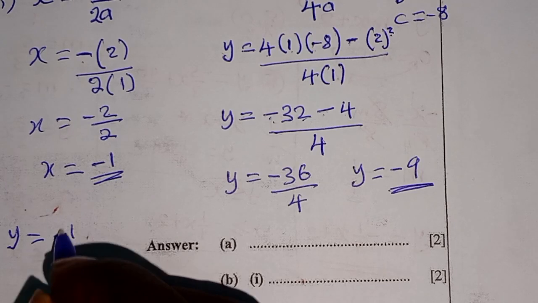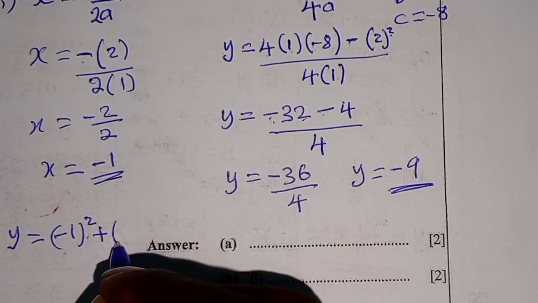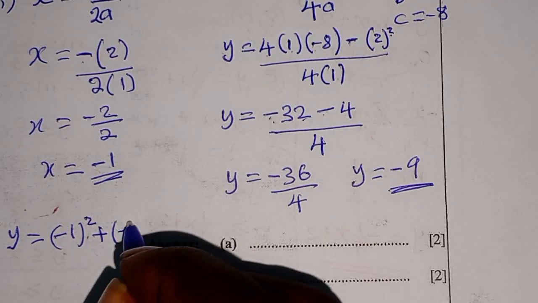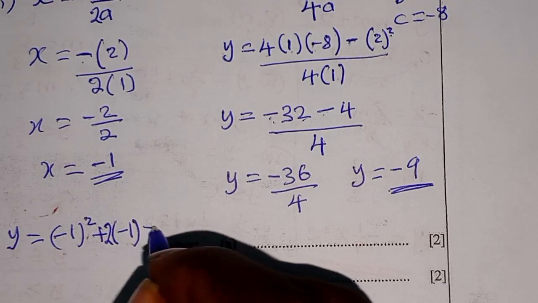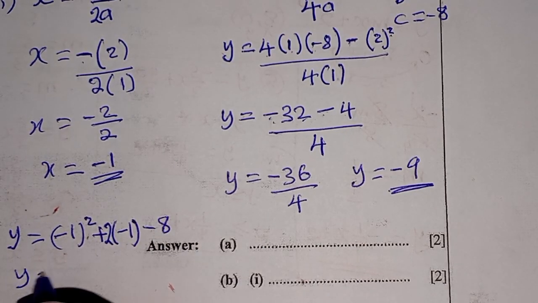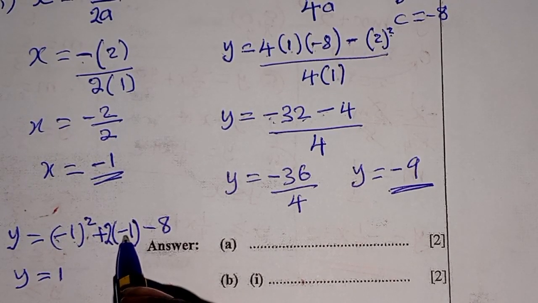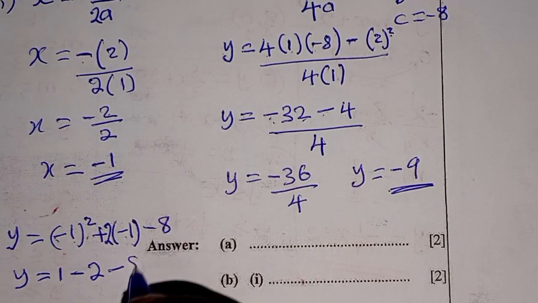So it will be negative 1 squared plus 2, where there is x you substitute negative 1, minus 8. So y equals negative 1 squared, which gives you 1, plus 2 times negative 1, that is negative 2, minus 8.